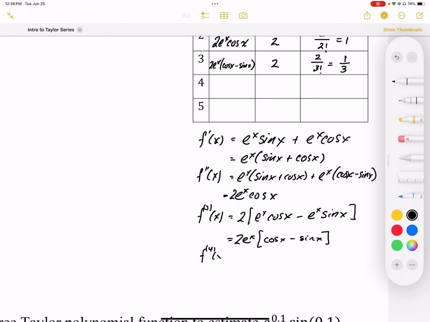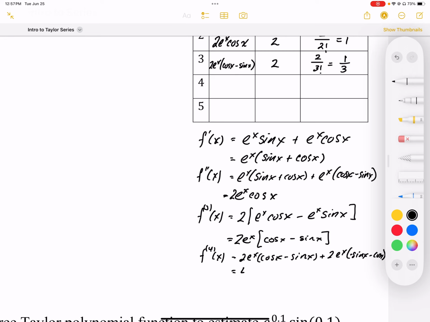So the fourth derivative is going to be 2e to the x (cos x minus sine x), and then plus 2e to the x (negative sine x minus cos x). Okay, so in this case here, the cos x's are going to cancel out, and we're going to be able to combine our sine x terms.